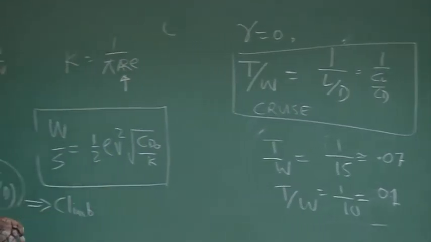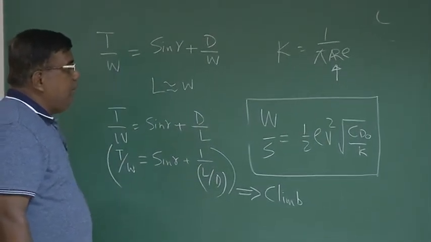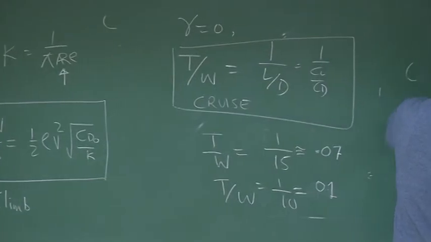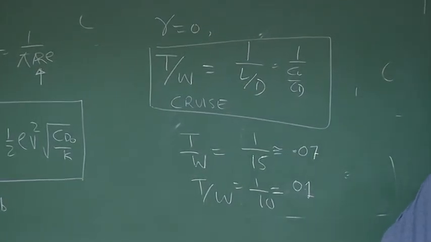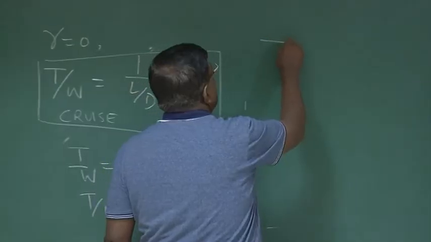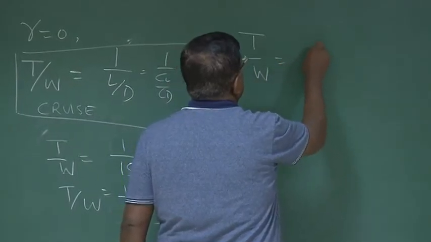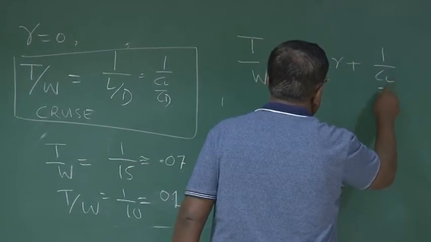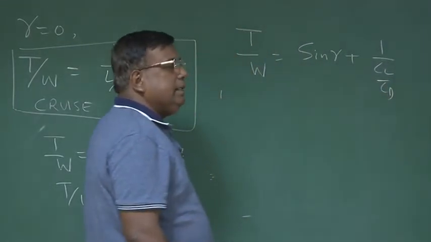And you will appreciate it more if I come back to T by W of climb. Requirement of T by W during climb: let us see how much it happens to be. We have seen T by W I can write as sine gamma plus 1 by CL by CD. Let's say I am climbing at 30 degrees.